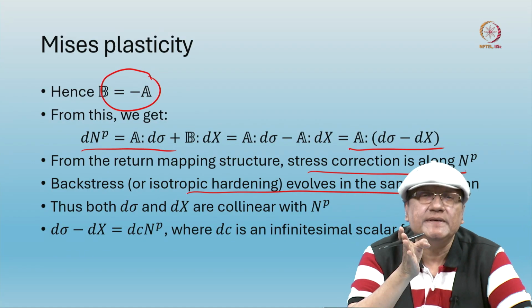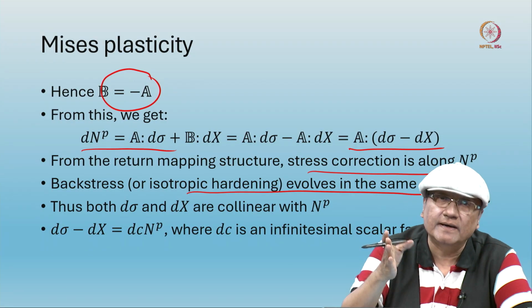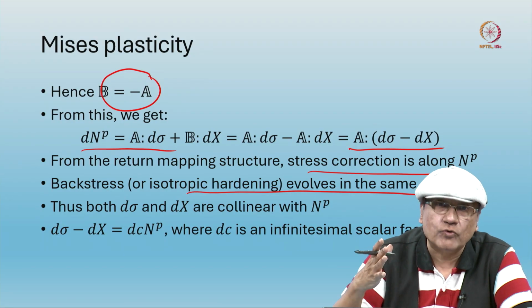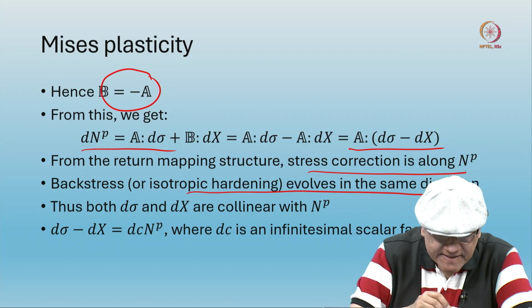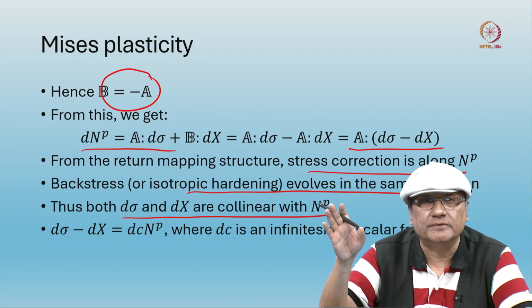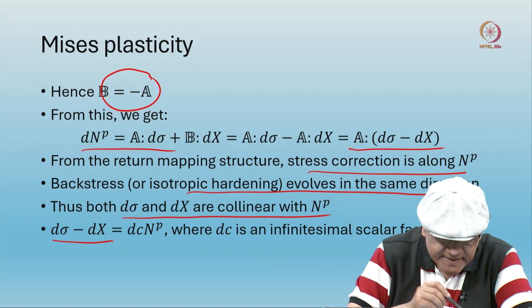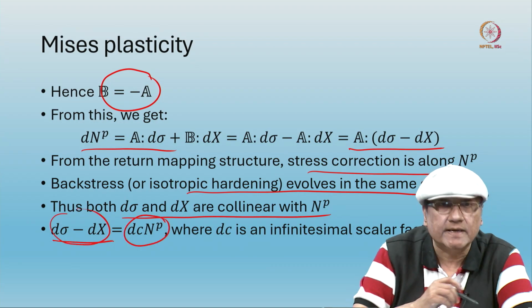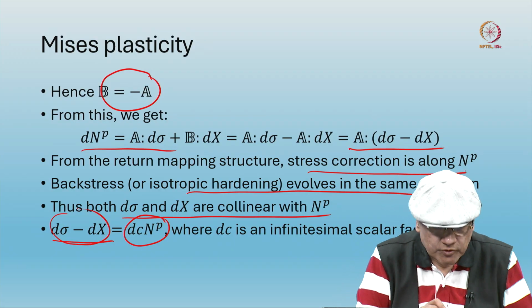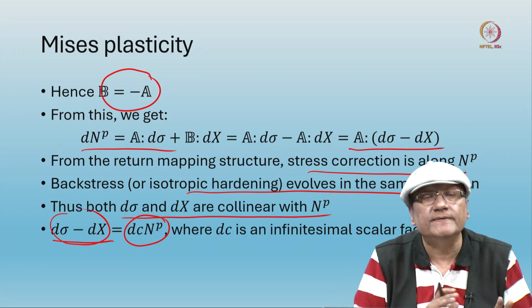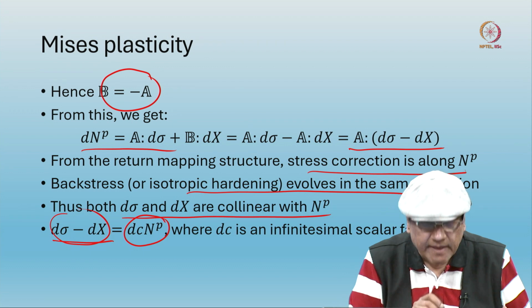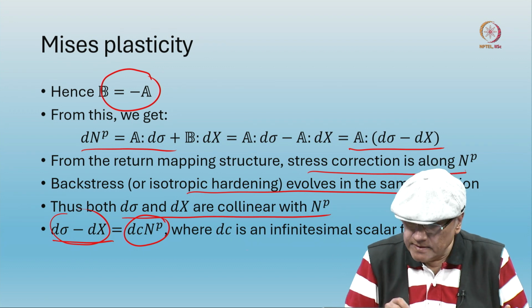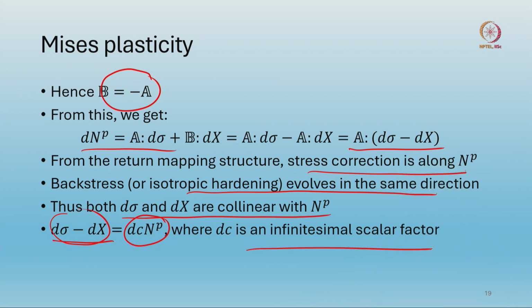So NP is the only direction in which sigma and x both change. So d sigma and dx are collinear with NP. So d sigma minus dx is some scalar factor, because the whole thing on the left hand side is infinitesimal, so you multiply by a scalar infinitesimal factor dc times NP.